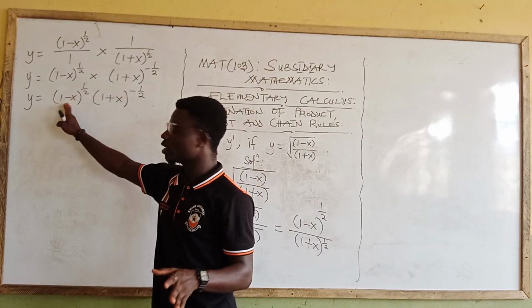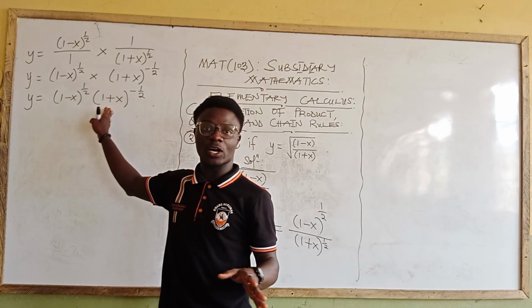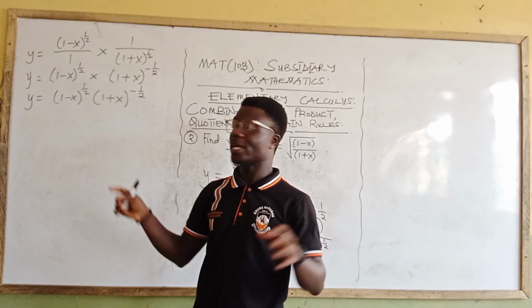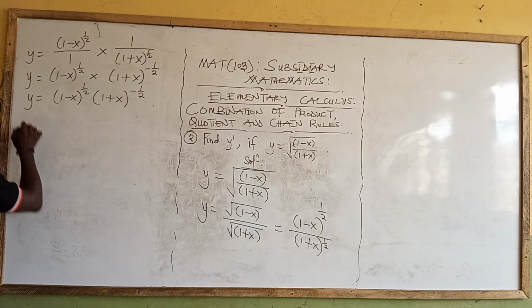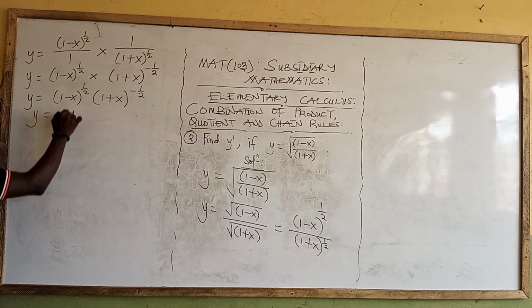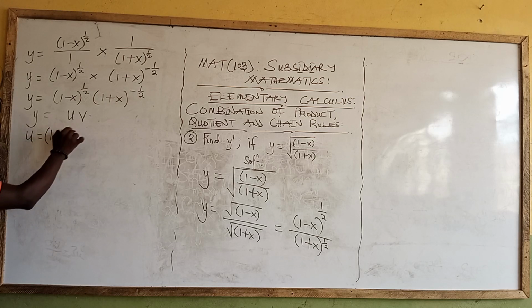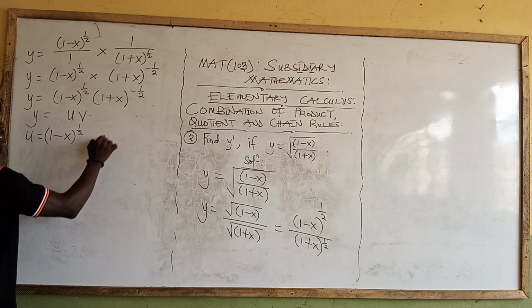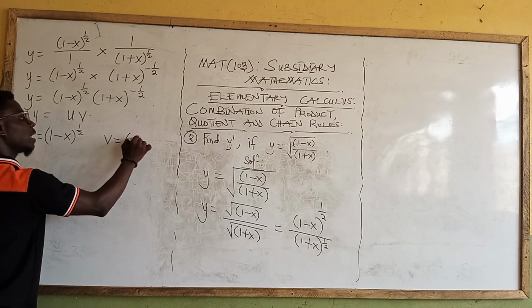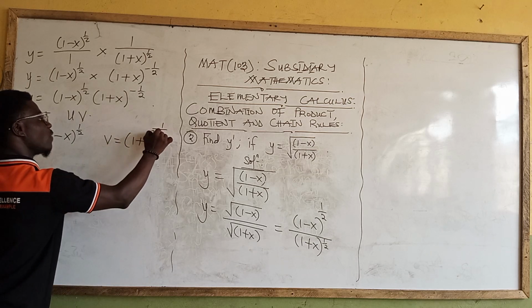We have a function of x here, times a function of x, so we can multiply. So I can use y equals u times v. You all know that our u should be equal to (1 minus x) exponent half. Then our v should be equal to (1 plus x) exponent negative half.